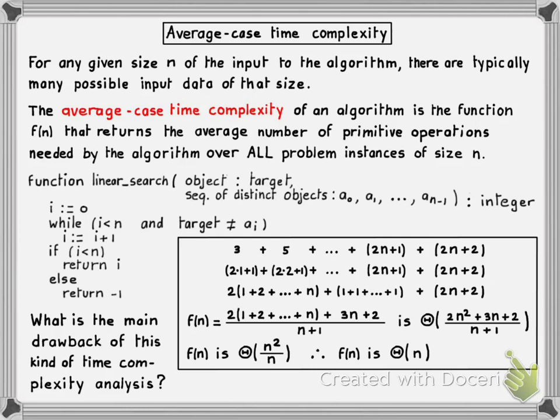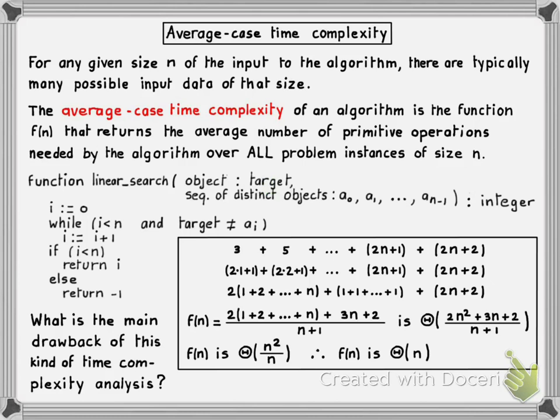The assumption comes in as the process you use to compute the average case. So for example, here to compute the average case, what I did is I summed all the values corresponding to each case, and then I divided by the number of cases. But this analysis makes a strong assumption, namely that every case out of all the possible problem instances are equally likely.